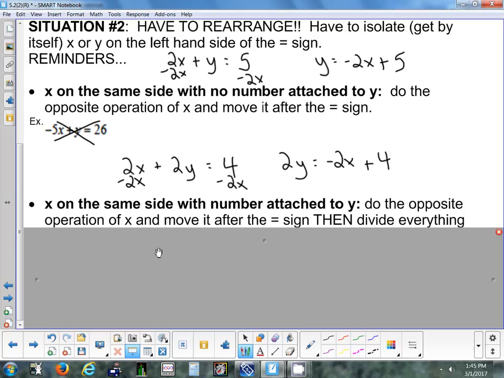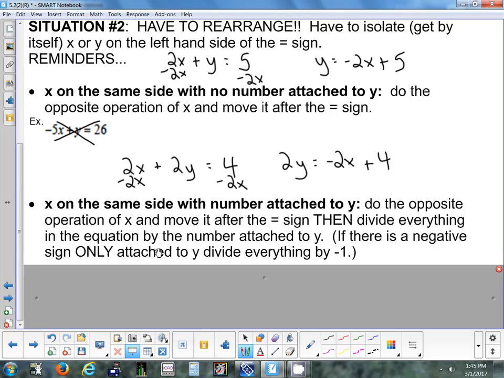There it is. Next step, and we talked about this in the warm-up, divide everything in the equation by the number attached to y. All right? So for this equation right here, I'm going to divide everything by the number that's attached to y. So what's attached to y?